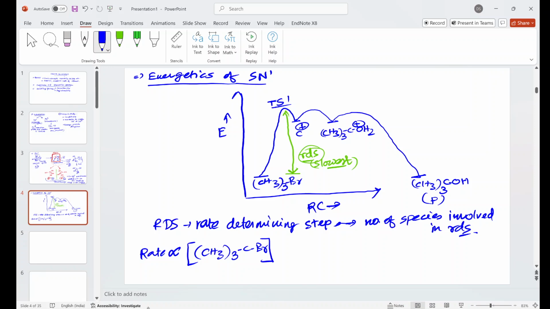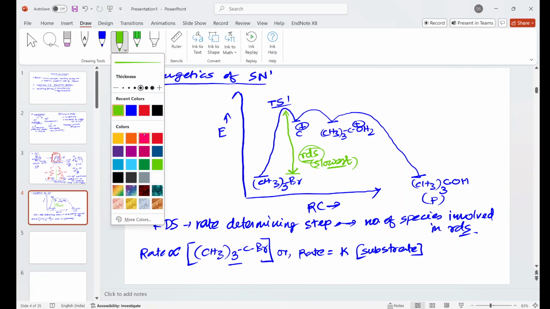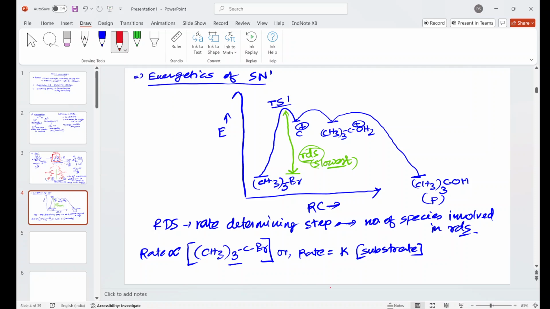It is depending on only one species, and this is the substrate. So this will be the rate equation for SN1. You can see only one species, that is the substrate, is involved.